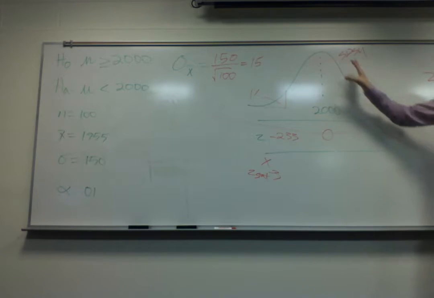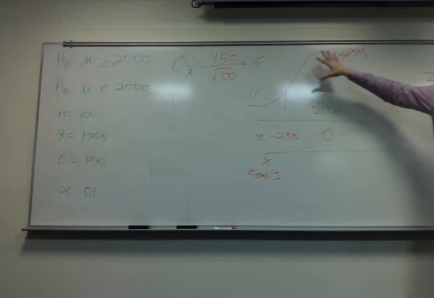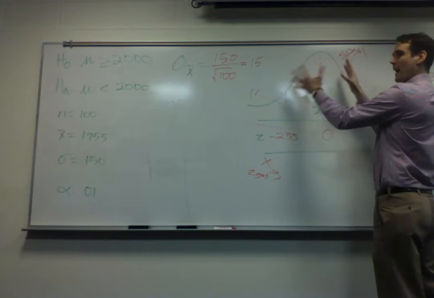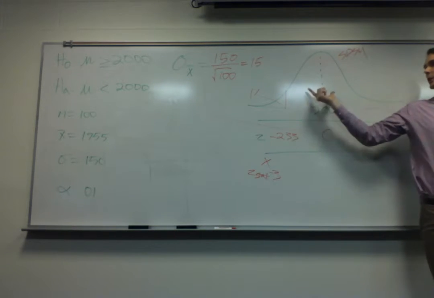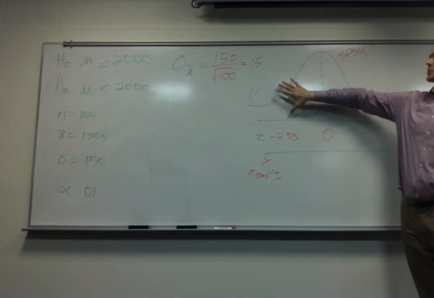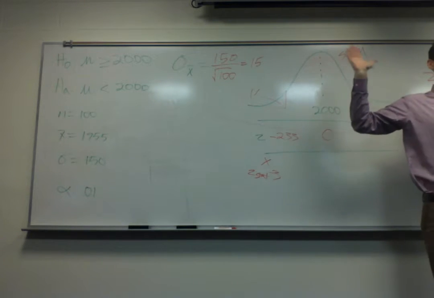We know this sampling distribution of the sample mean is normally distributed, so we know how much data is in every part under this curve. That's the beauty of the z-table. Because it's normally distributed, we can calculate what percentage of the data is within 1 standard deviation of the mean, 2 standard deviations of the mean.